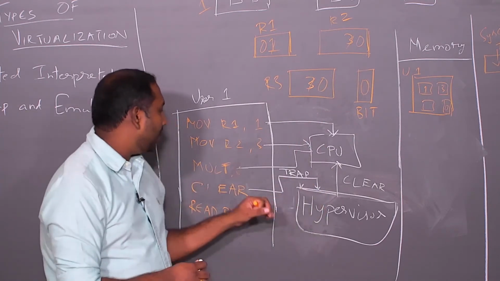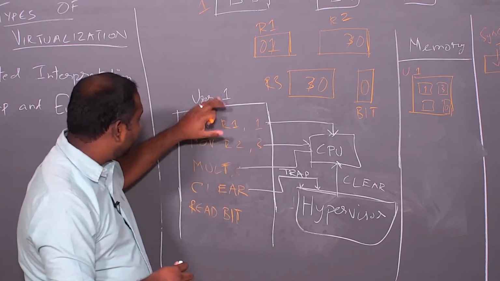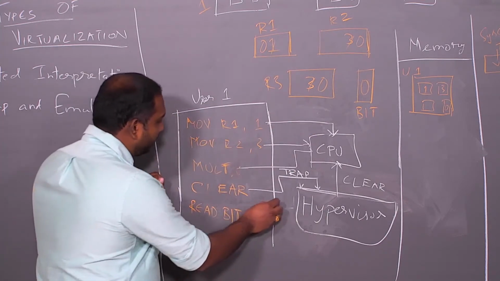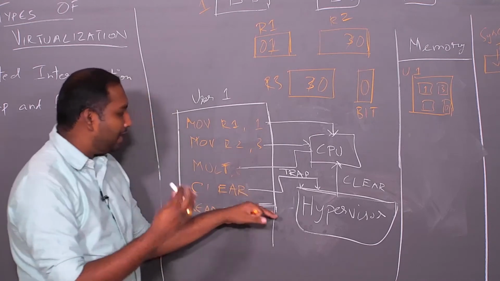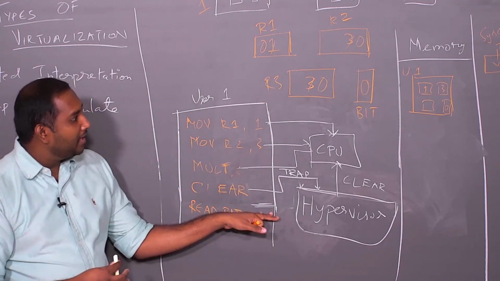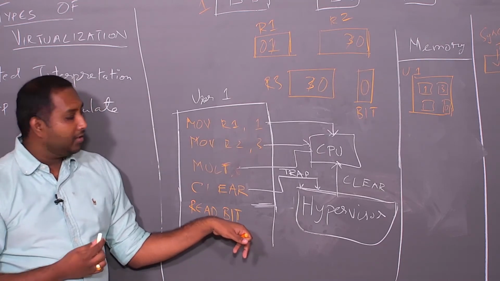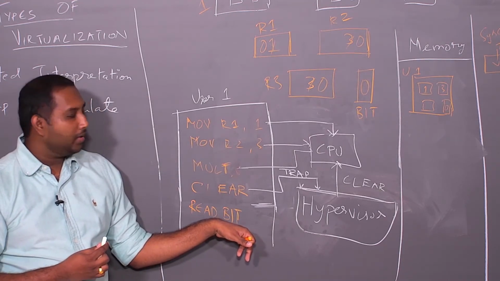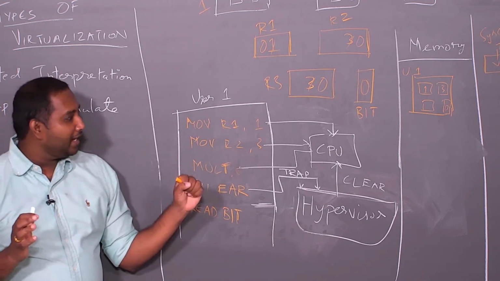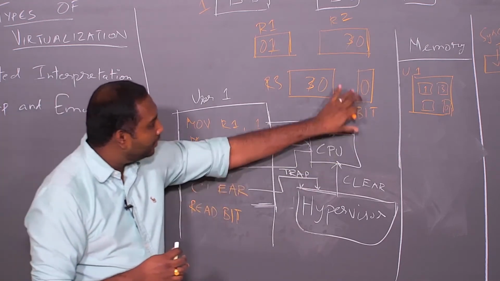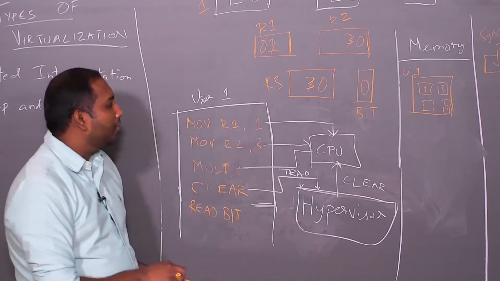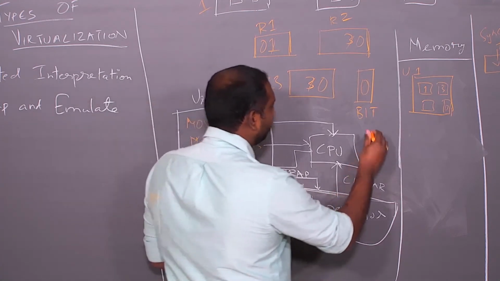When you run this program, then save, restore and come back, if this bit is not once again set to 1, then you have a problem. To reiterate, the bit that we have is what we call sensitive data.